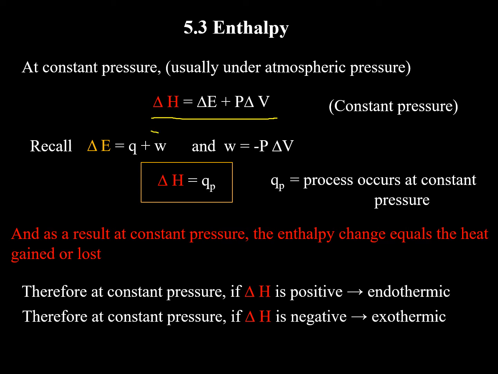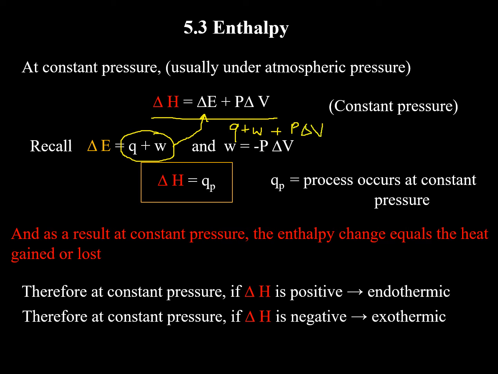If the change in internal energy is Q plus W, which we saw in the earlier slides, we plug this in here, and we now get delta E, which is now Q plus W, plus P delta V.